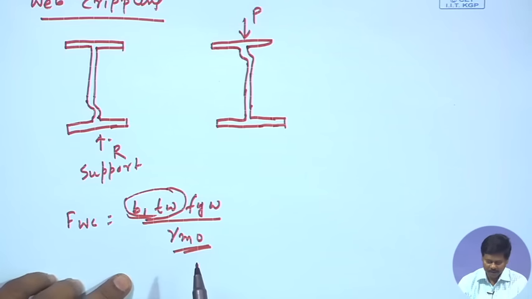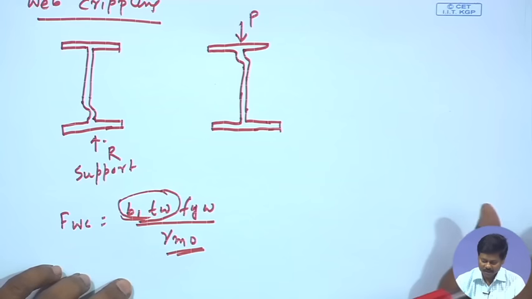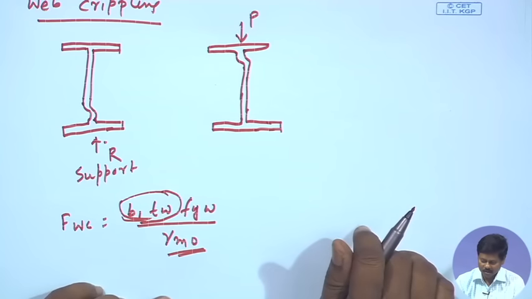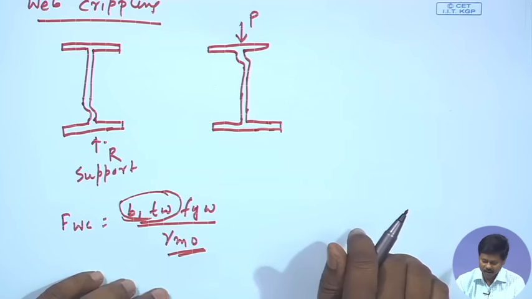So, b1 we can find out considering an empirical dispersion through the flange to the web connection at a slope of 1:2.5.